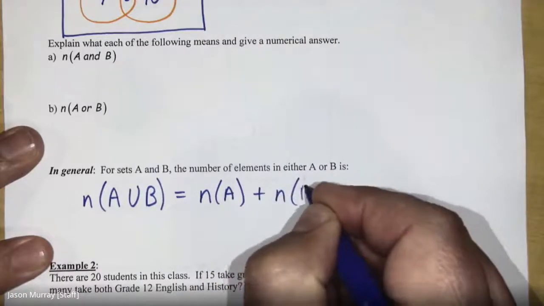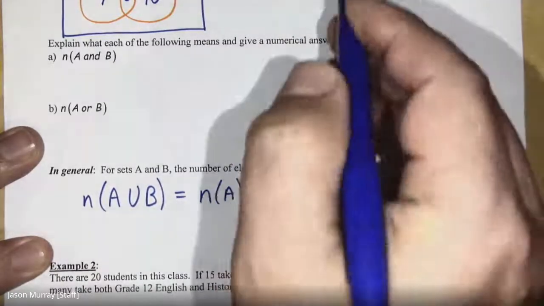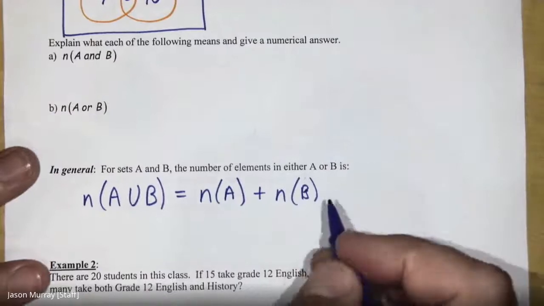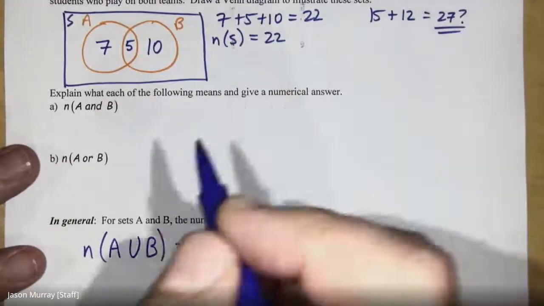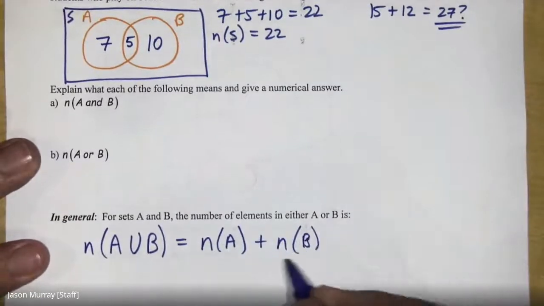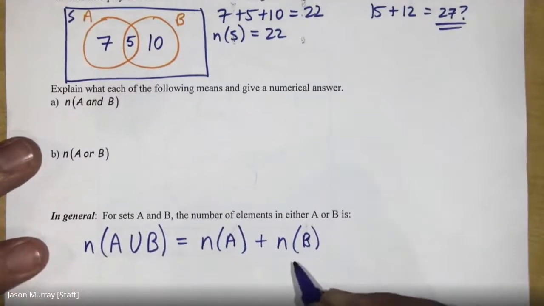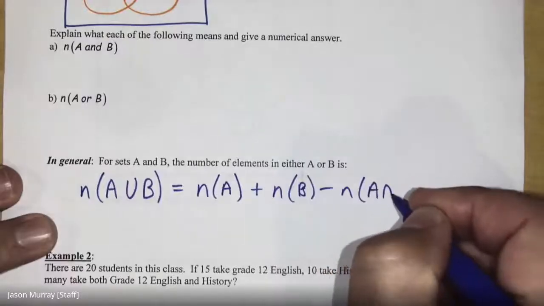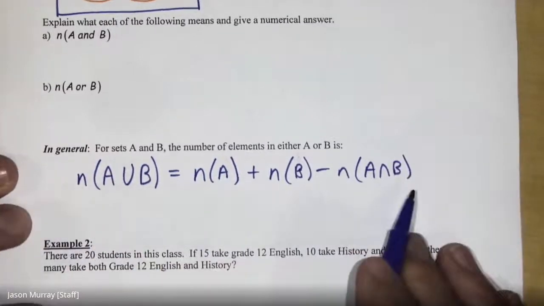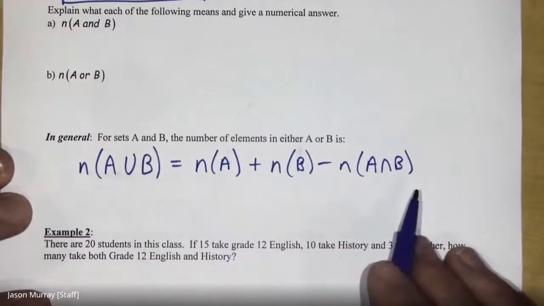Add all the students in B, that's the 15 on the basketball team. And once we do that and we get our 27 from that, right? What do we have to exclude? These are the ones that we have to include. What do we have to exclude, Gavin? The ones where A and B intersect. Good. So the number in A intersect B. And there it is. That's the principle of inclusion and exclusion.